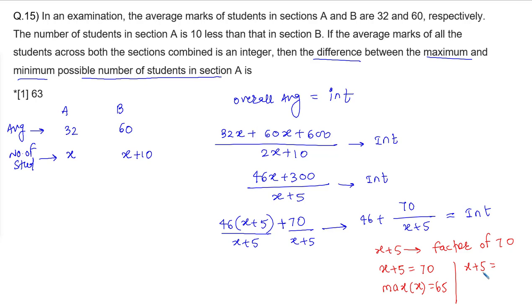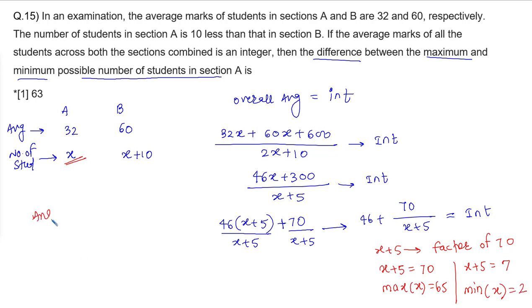If I put x plus 5 equal to 1, a factor of 70, x will be negative. Number of students cannot be negative, it has to be a natural number. I cannot put 5. The minimum value that x plus 5 can take is 7, such that x has to be a natural number. So the minimum value of x becomes 2.